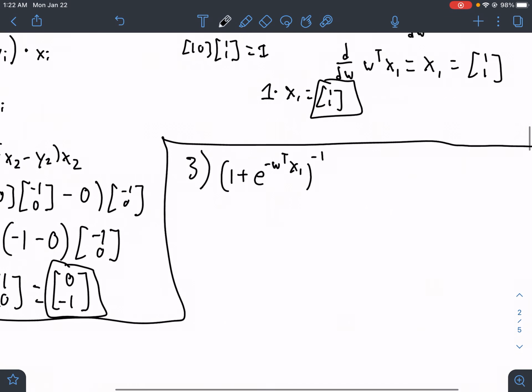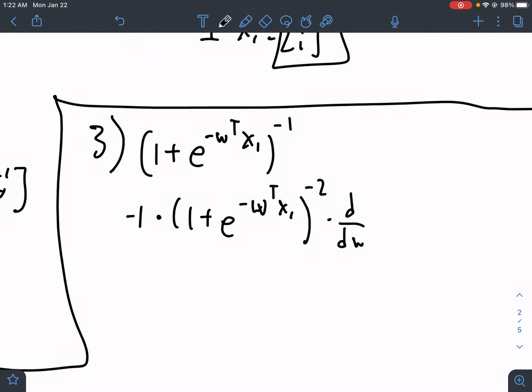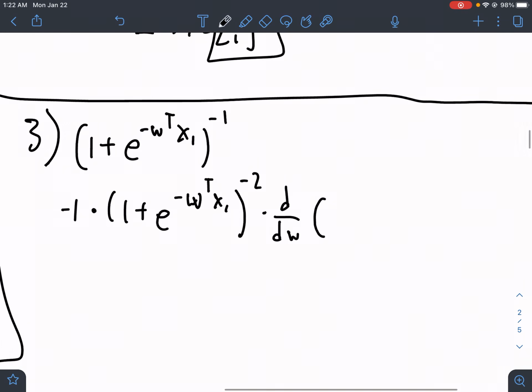Now let's use the chain rule here. So we do negative 1 times 1 plus e to the negative w transpose x1, to the negative 2, times d/dw of 1 plus e to the negative w transpose x1.